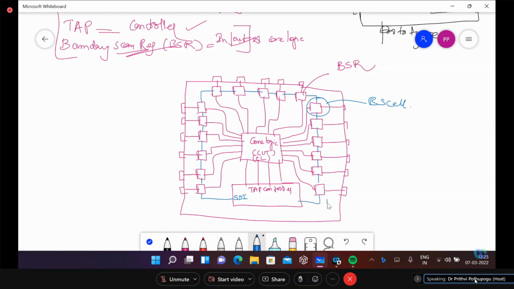So SDI, SDO. Some textbooks call it test data input, and this they call test data output. Scan or test.